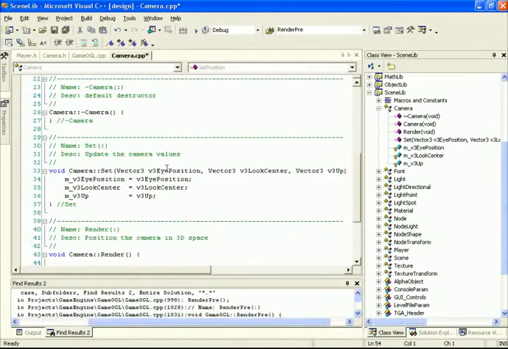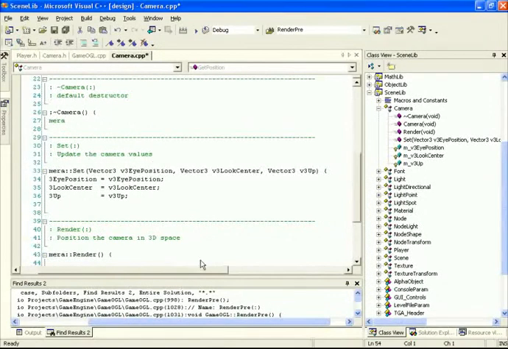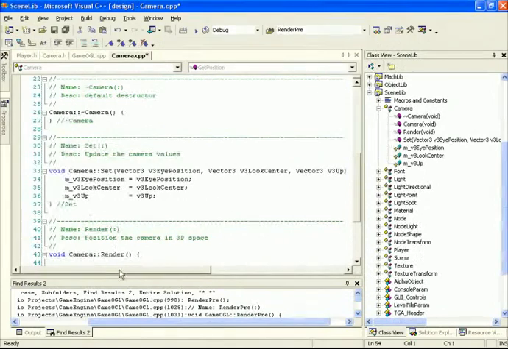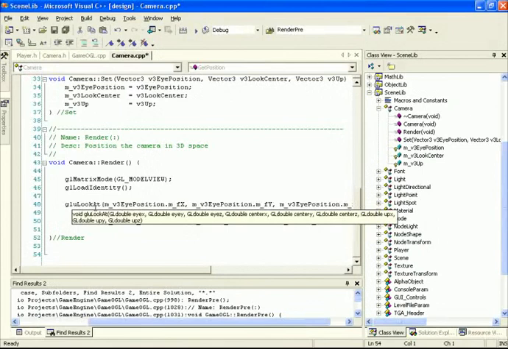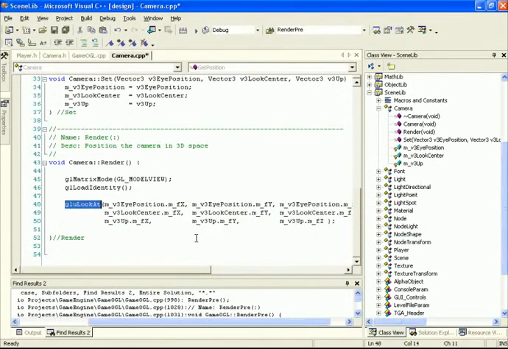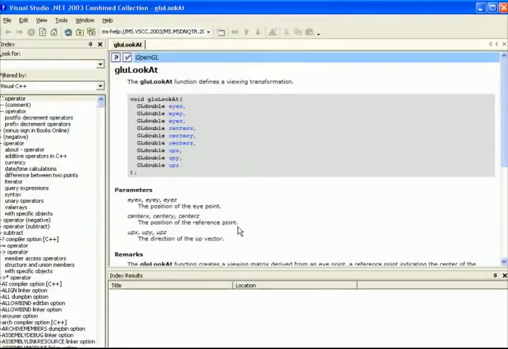Our set function is just going to take these three values that get passed in and save them inside of our member variables. Then render is going to set up the model view matrix, initialize it to be an identity, and then take those three vectors and pass them into gluLookAt. If we open up MSDN for help on this gluLookAt function, you can see what we need to pass into here.